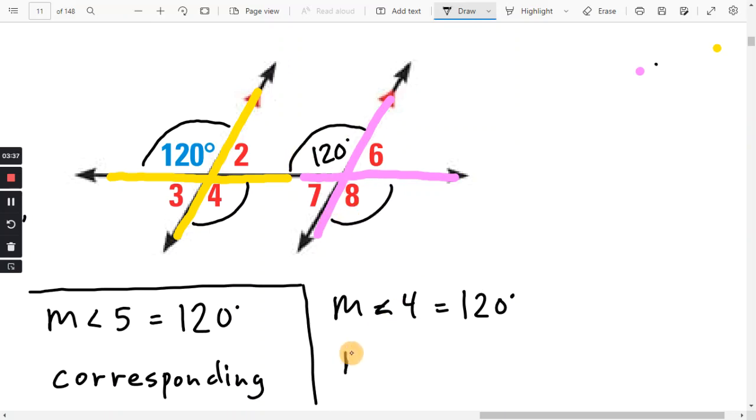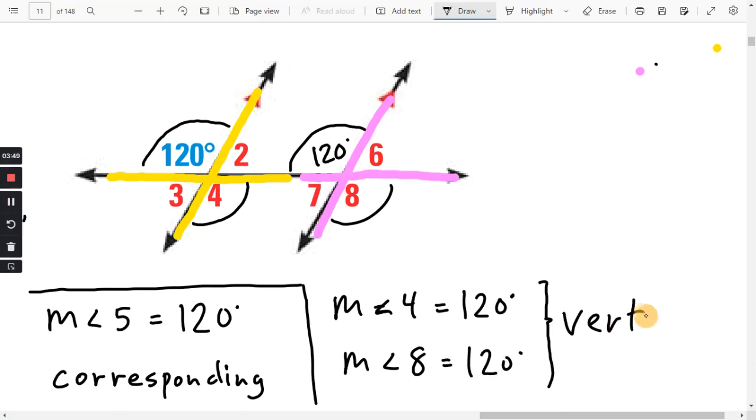So the measure of angle 8 also equals 120. And in both cases, we determined them because they were vertical angles. So right here and right here.